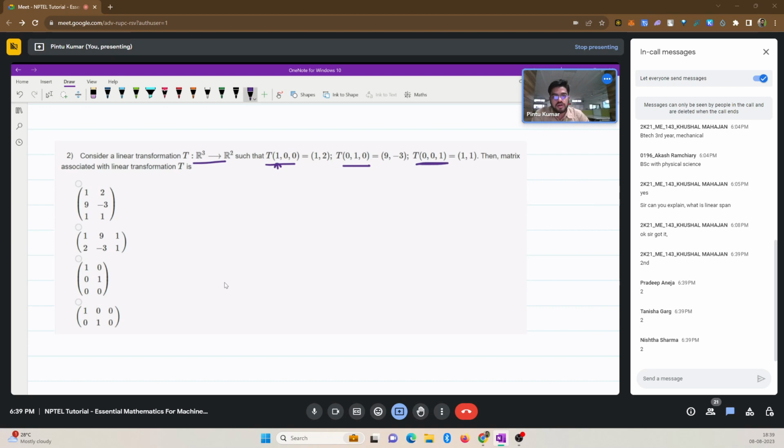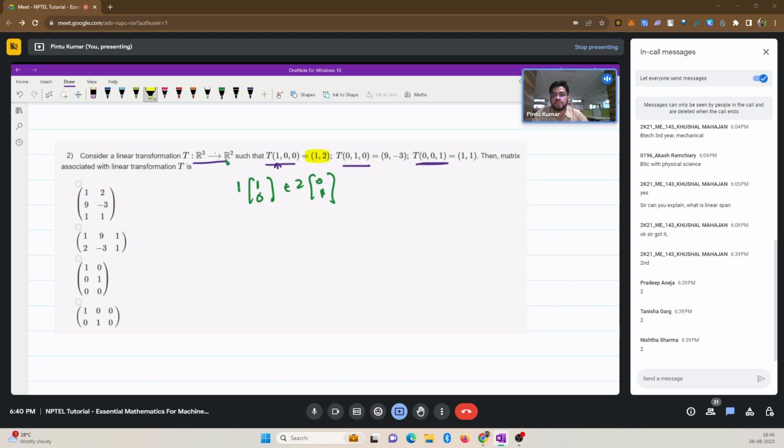So what I said is, whatever value you obtain for your first map, you write it as a linear combination of the basis of R2. Since you have R2 on the right hand side, you'll write it as a linear combination. What you obtain is 1 times 1 0 plus 2 times 0 1.